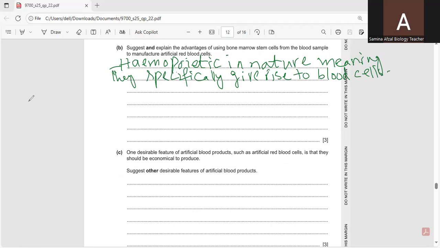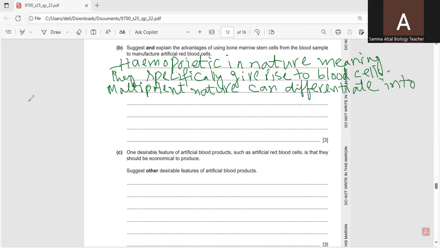The second point is that they are multipotent in nature, so they can differentiate into multiple cell types, especially red blood cells.